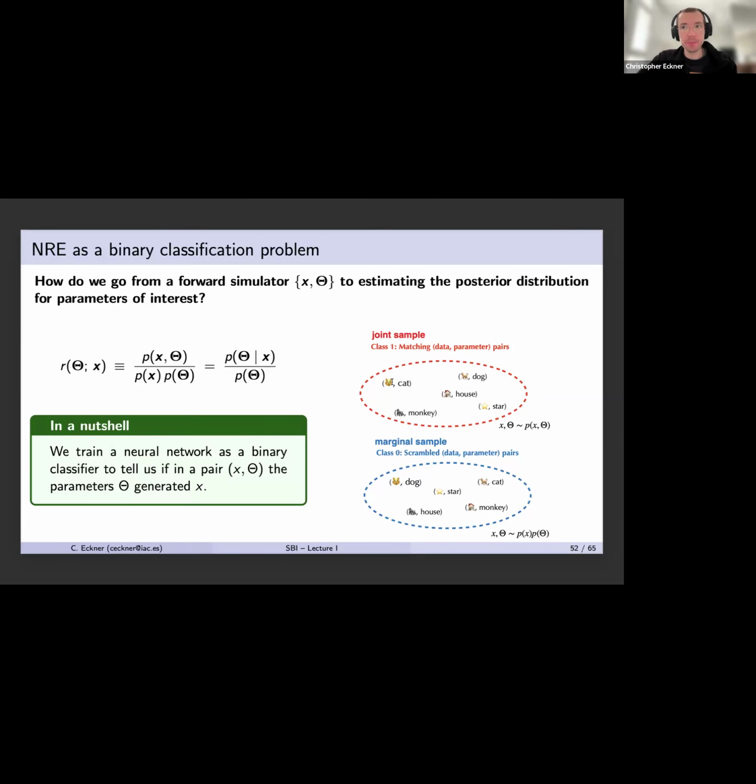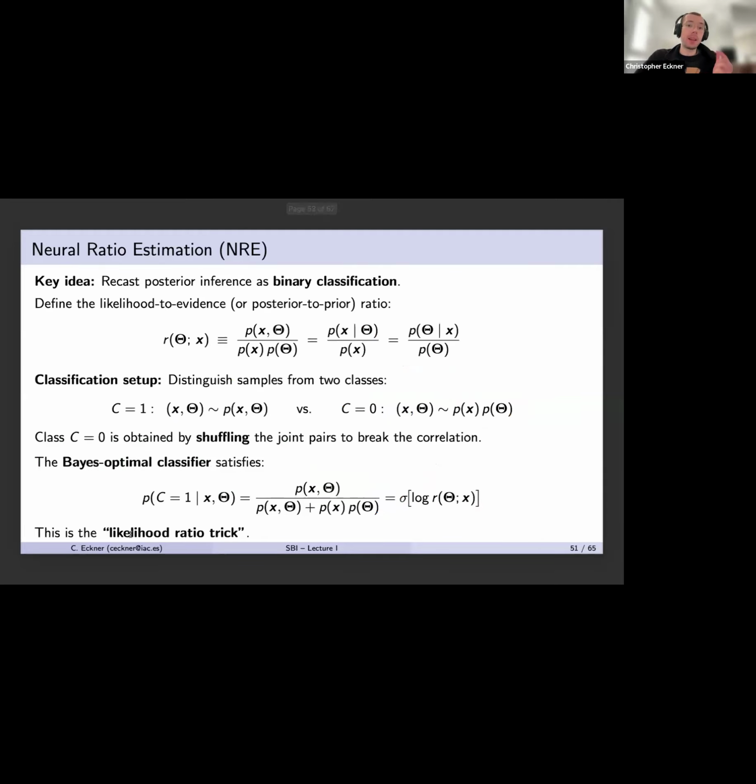So if you simulate pictures and you label them with parameters being the labels for the image, then they match. Or whether this tuple of pairs rather looks like a marginal sample, where images and labels are scrambled. And that's it. Then you train a classifier that gives you the sigmoid of the log of this ratio, and you can invert this to get back the ratio and eventually the posterior distribution.